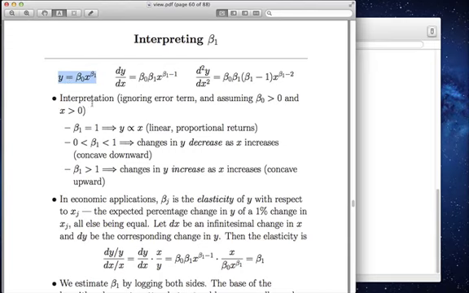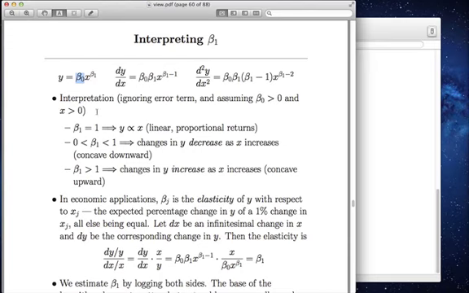So if beta 1 were equal to 1, in other words, if this exponent were equal to 1, what would we have? Well, then y is just proportional to x. So y is just going to be some multiplicative constant times x, which means that we have a line that passes through the origin.